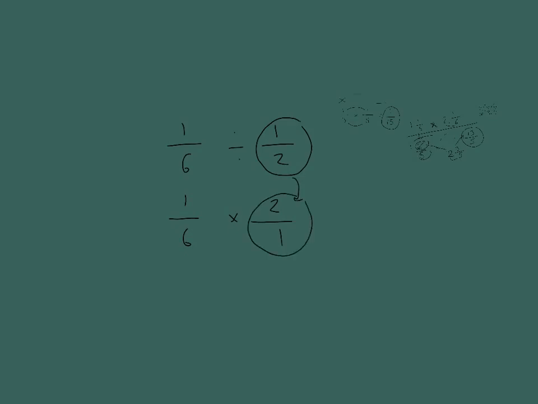Reciprocal means swapping. This denominator becomes the numerator, and this numerator becomes the denominator. So it's a swap. But when you swap it, you also have to swap the division sign into a multiplication sign. So this is a very important point.